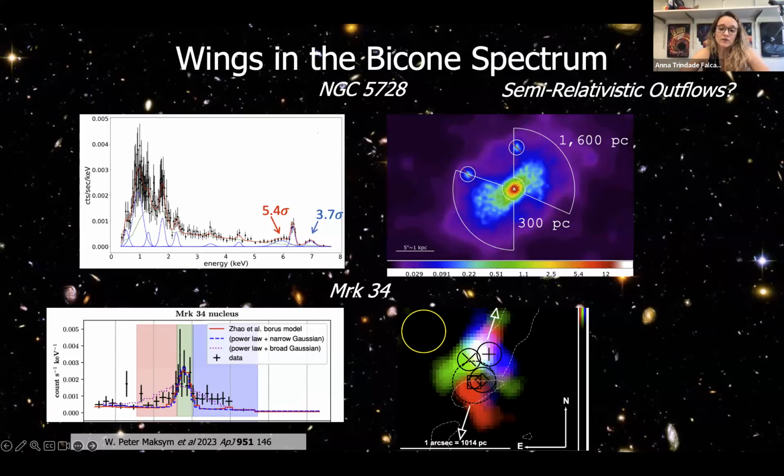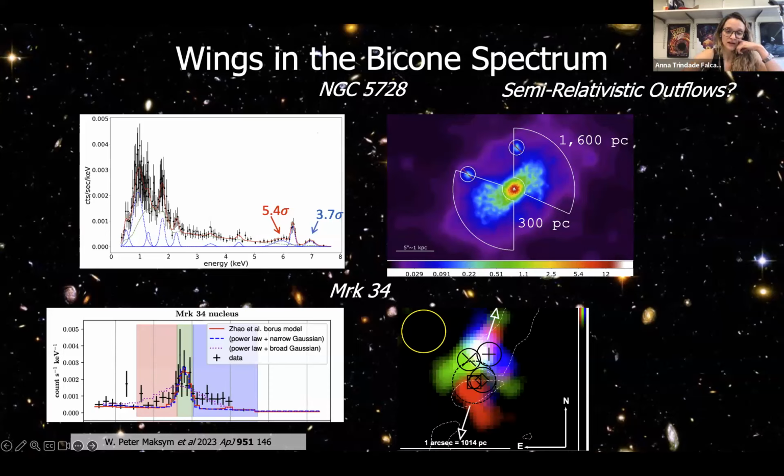But one of the things that it's important to take from this talk is, even though we don't know the nature of these features, where they come from, or we have more information about them, these wings can be a very important new feature in the spectra of CT-AGN that may have a very important role in generating efficient AGN galaxy feedback in the nearby universe.